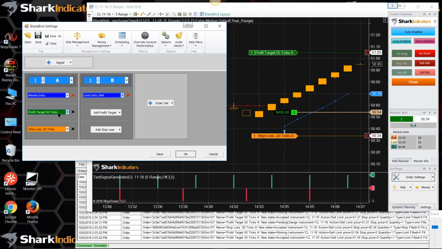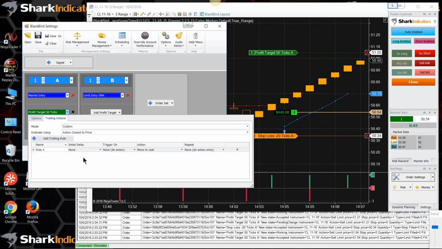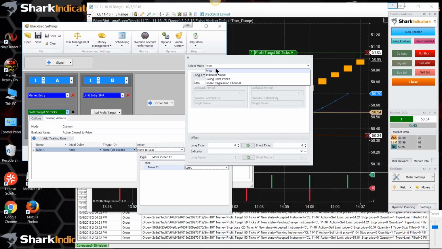But getting back to Frank's moving a profit target, Frank, if you got some kind of example, I could put something in here, but you can see that we could move our profit target to whatever you can come up with. If you want, you could use an indicator value. I'm not sure how you would determine how to move your profit target, but that can be done.